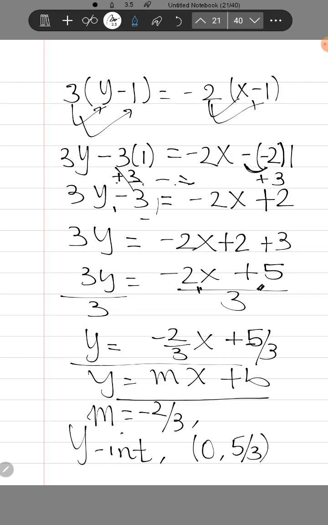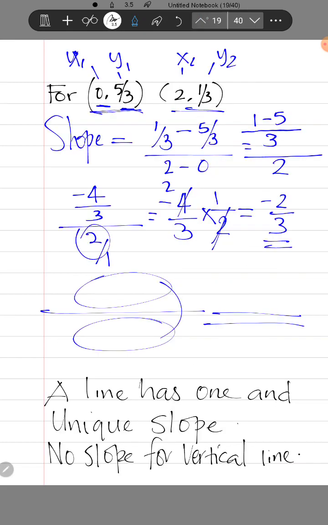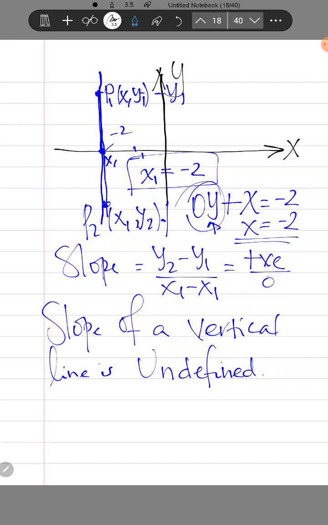Why we give 0 for the y-intercept? At a place where the y-axis is intercepted by the graph, say here, the corresponding value of x is always 0.